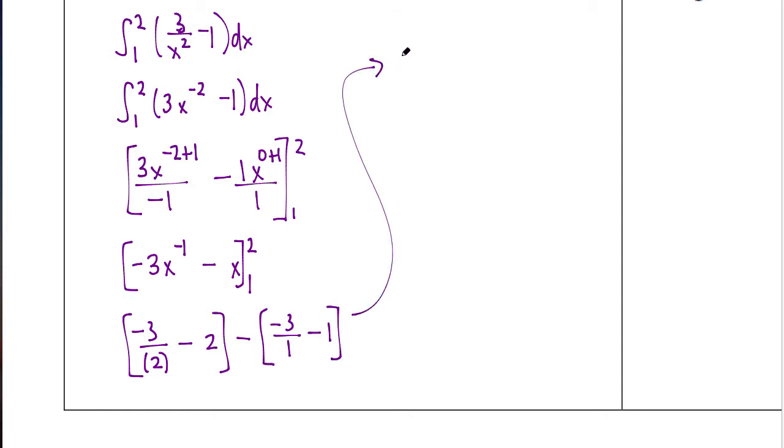So I need to do this one step at a time, so that ends up being negative 1 and a half minus 2 minus, so I have negative 3 minus 1, so that's negative 4. And so this is negative 3.5 plus 4. So this is just positive 0.5 in the end.